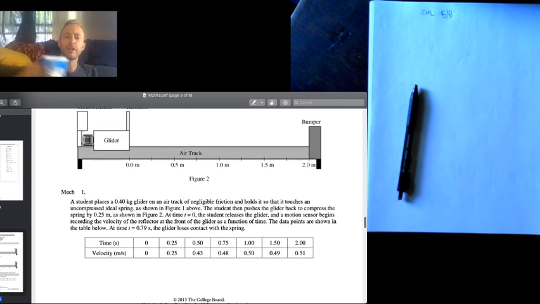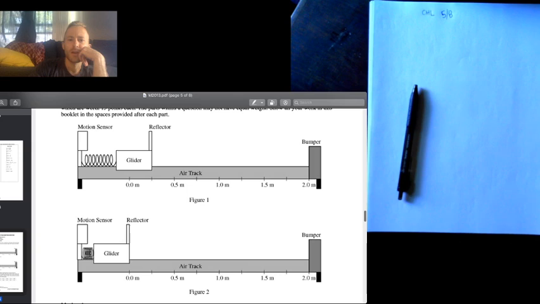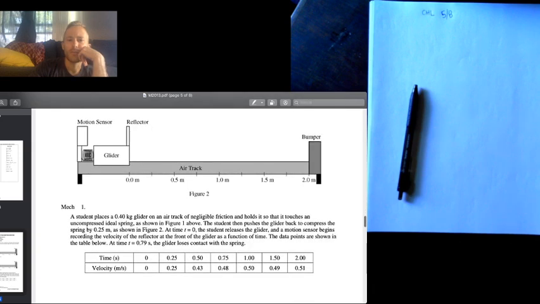A student places a 0.4 kilogram glider on an air track of negligible friction and holds it so that it touches an uncompressed ideal spring as shown in figure 1 above. The student then pushes the glider back to compress the spring by 0.25 meters as shown in figure 2.